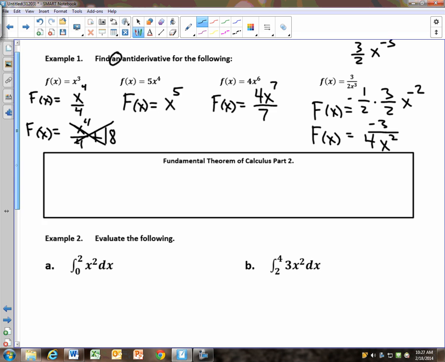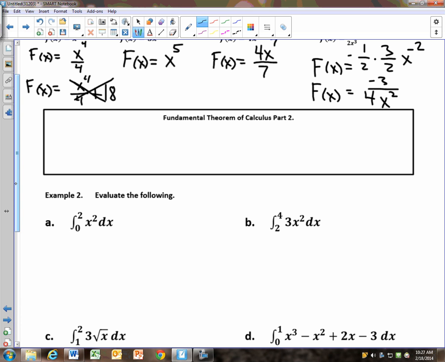So let's put this into the classic piece. The fundamental theorem of calculus part 2 is the part that's most well known by people, and that's the easiest part to work with. Part 1's a little bit more difficult, but part 2 says this, okay? The integral from a to b of f of x dx. You want to be able to evaluate that.